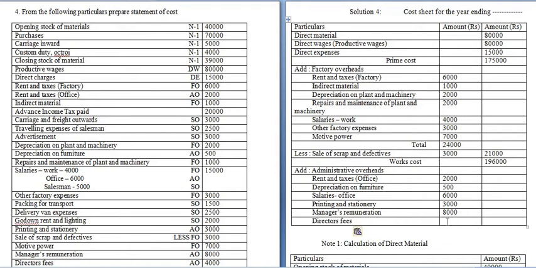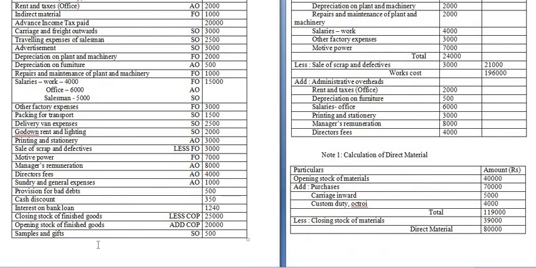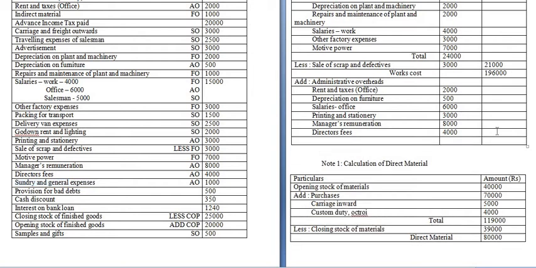Director's fees is 4,000. Okay, then sundry and general expenses amount is 1,000.